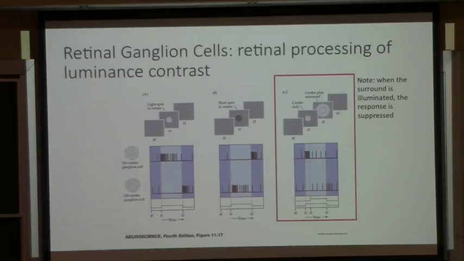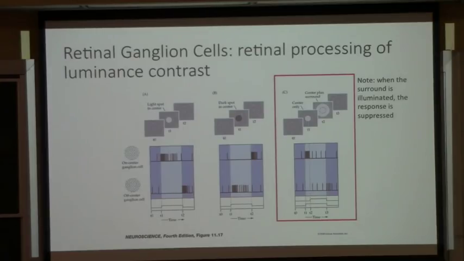With your rods and cones, you have one spot that's your receptive field, but what the retinal ganglion cells have is what's called a center-surround. He really stresses this because it's super important for what your retinal ganglion cells end up doing for image processing. You have on-center ones, which are shown on the left, and off-center ones, which are shown in the middle.